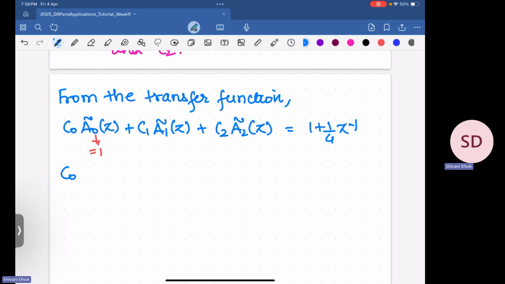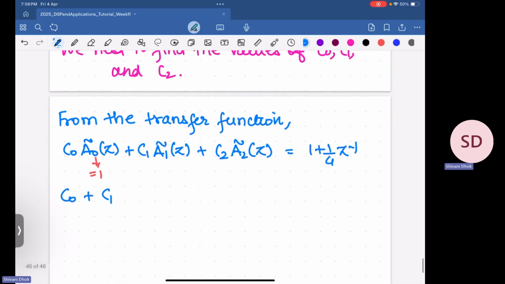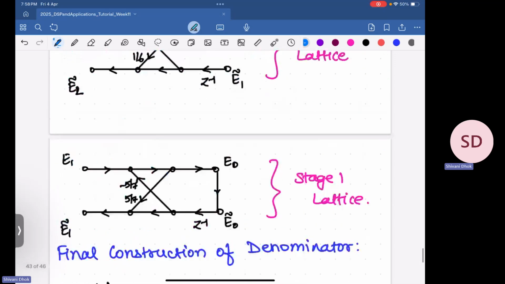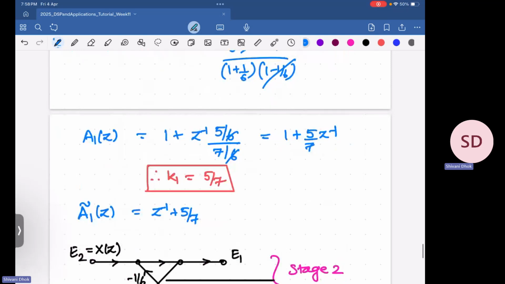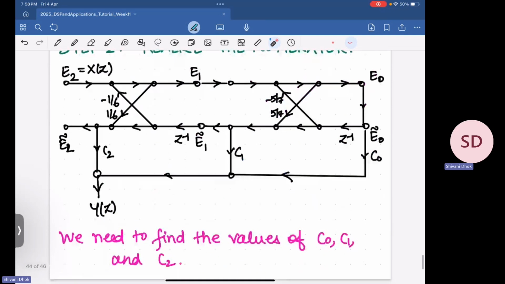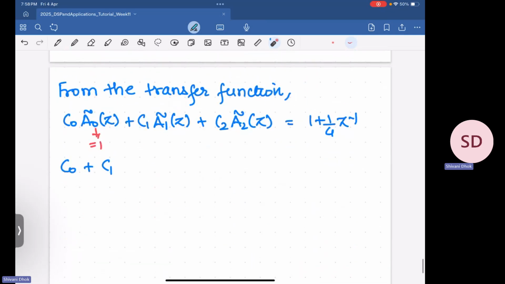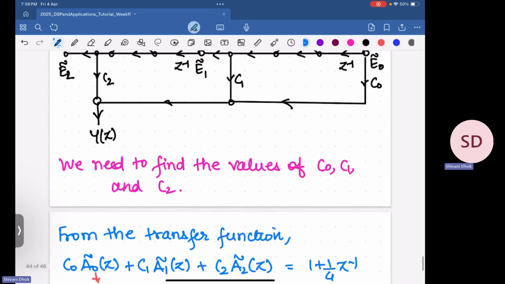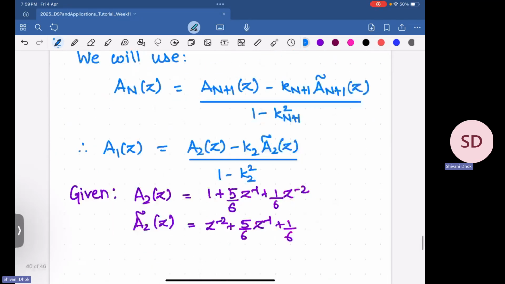So now what we get, C0 plus C1 into A1 tilde of Z. What is A1 tilde of Z? So this is what we got as our A1 tilde of Z. That is Z inverse plus 5 by 7. Plus C2, and we have A2 tilde of Z. What is A2 tilde of Z now?